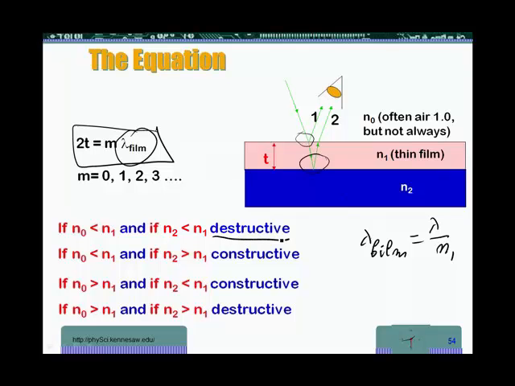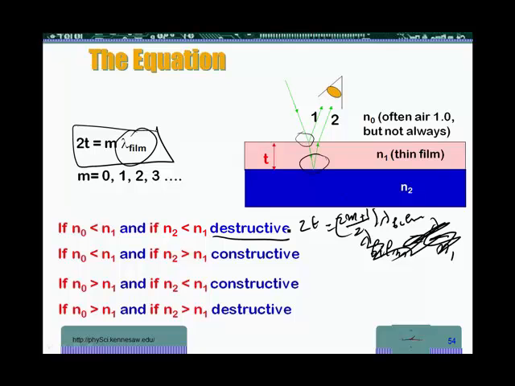Now, of course, the equation for constructive interference in that case would be twice t is equal to m plus 1 over 2 times lambda film, with m taken integer values. So twice t would give us, for m equals 0, lambda over 2, then 3 lambda over 2, and so on. When twice t is lambda over 2 or 3 lambda over 2 or whatever, then that would give us constructive interference.